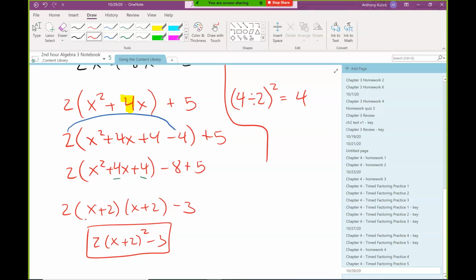So it wasn't that much different than the previous one, right? But there's a little bit of extra to deal with because of that leading coefficient not being 1. But it was still doable, right? Again, the extra steps: we had to factor that leading coefficient off as our first step.